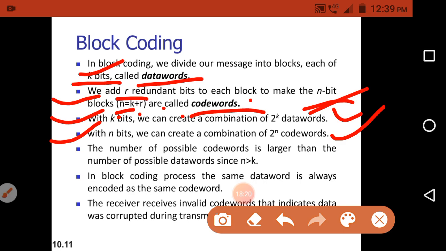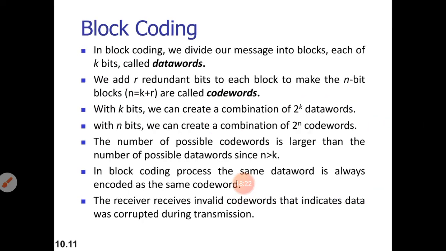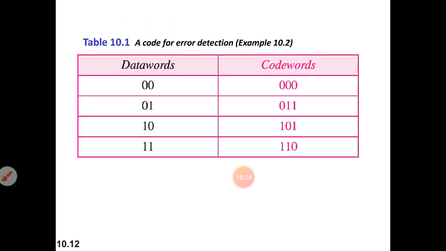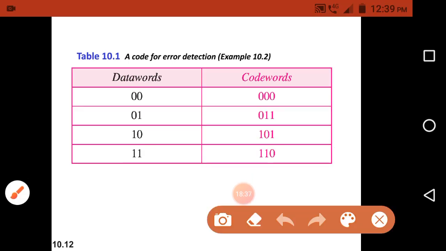So here, for example, these are some data words and code words. As already told, what is the data word? Here is the message, and I have divided this message into 2-bit blocks. The first block contains 2 bits, the second also 2 bits, the third also 2 bits, which means the k value is 2. Each we call a data word.